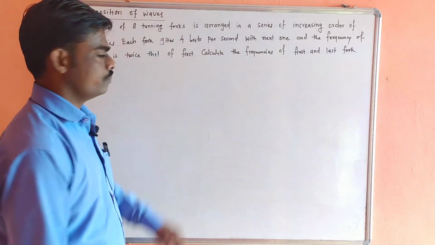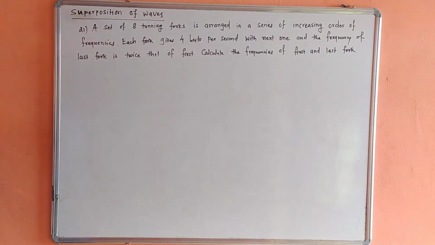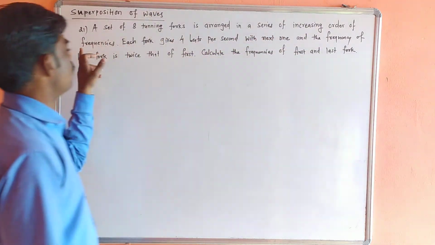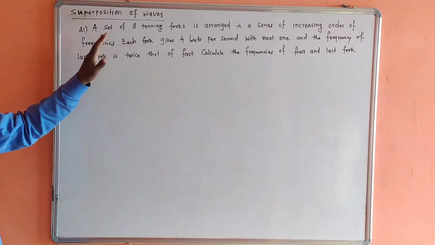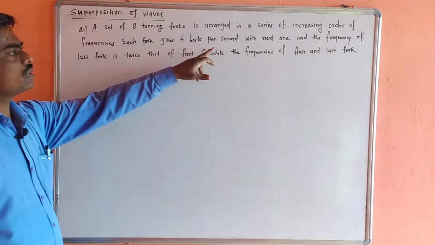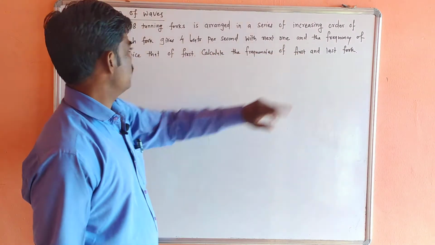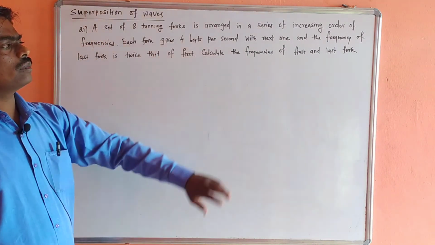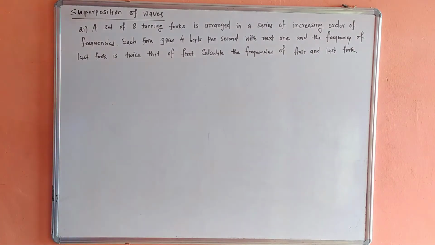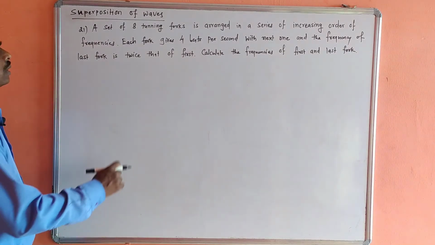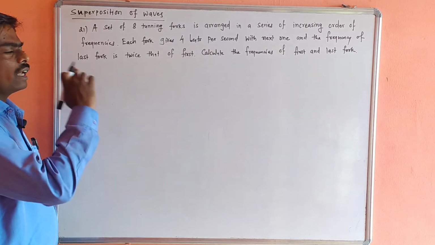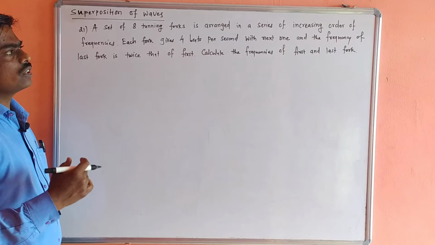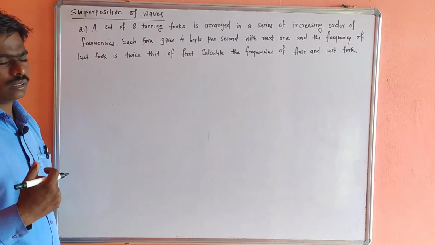Problem number 21. A set of 8 tuning forks is arranged in series of increasing order of frequencies. Each fork gives 4 beats per second with the next one, and the frequency of the last fork is twice that of the first. Calculate the frequency of first and last fork. So there are 8 tuning forks arranged in increasing order of frequency.